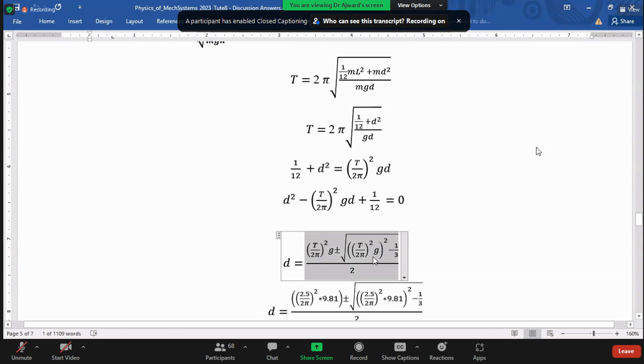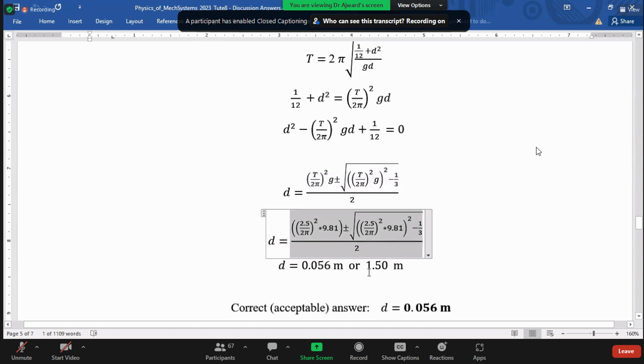You can look up the solution, because you are looking for the value of D, but it has a D squared and a D, so it's a quadratic equation, and there's a standard solution. You use that standard solution, and you can solve, but you will get two values for D.